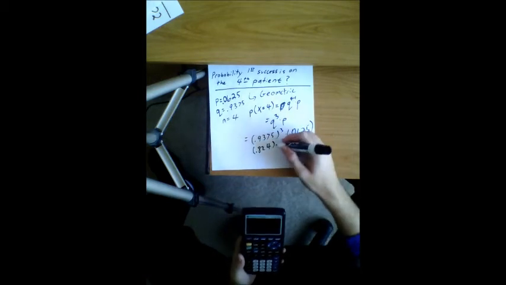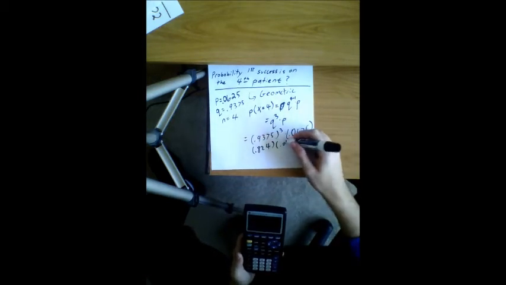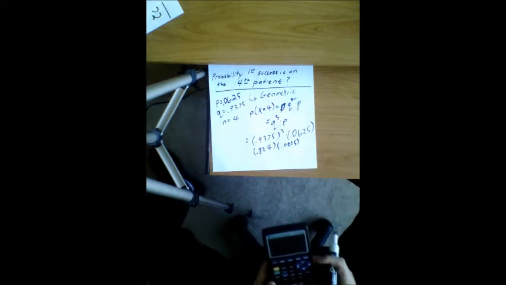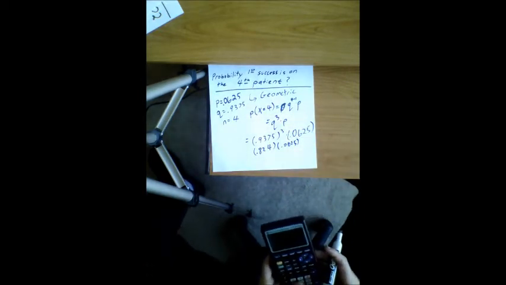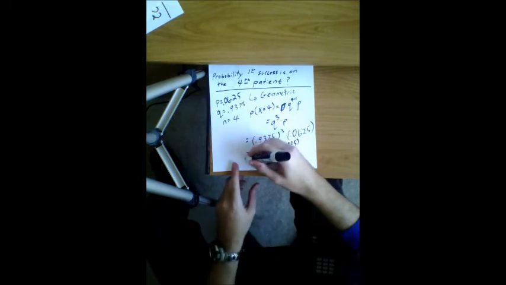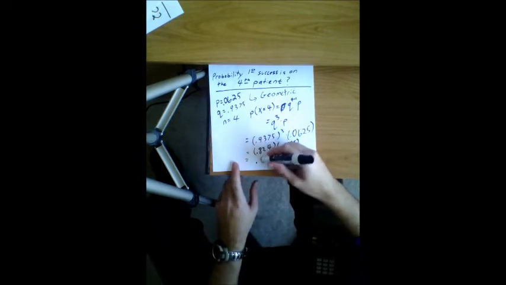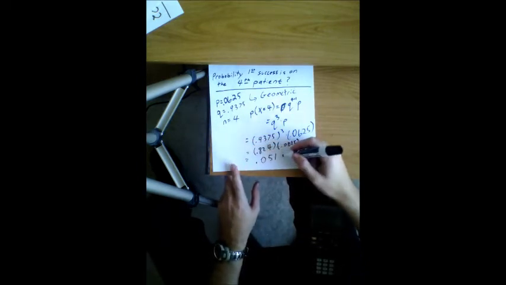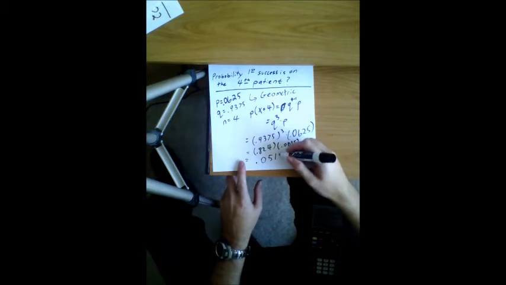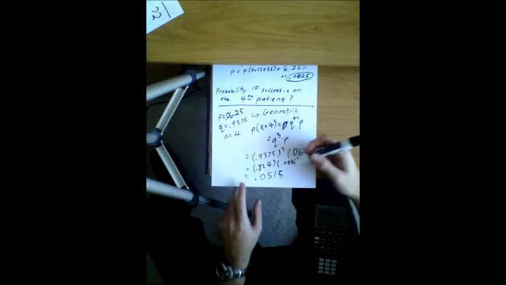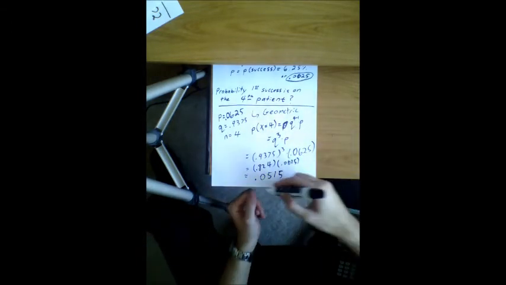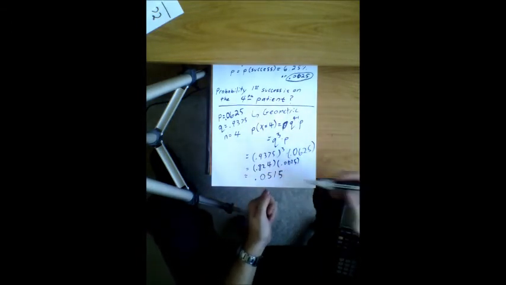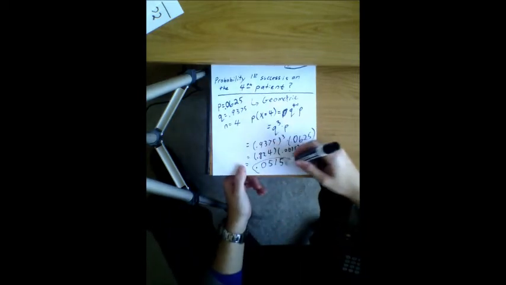Let's go with that. And over here times 0.0625. Once we multiply that out, we do get 0.051. Let's round it to 5. That's fine. And so we're asking you to go ahead and leave this as a decimal, not to convert this to 5.15%. But that's the idea there.